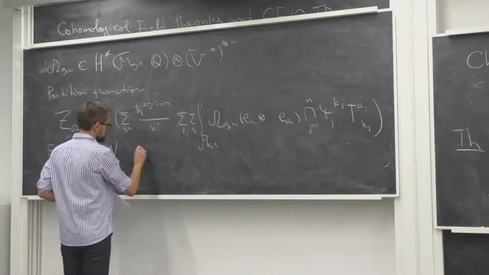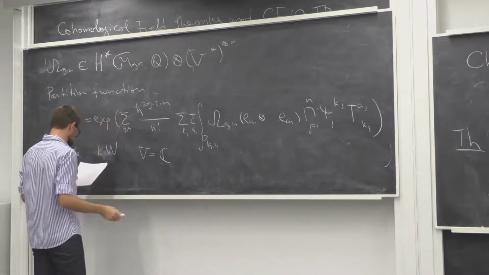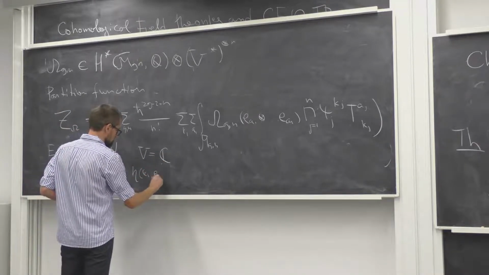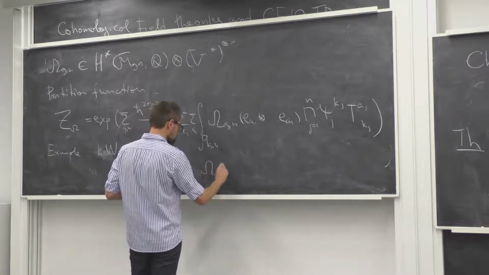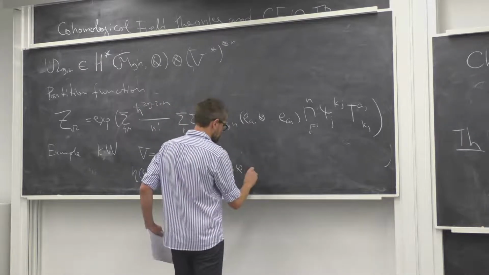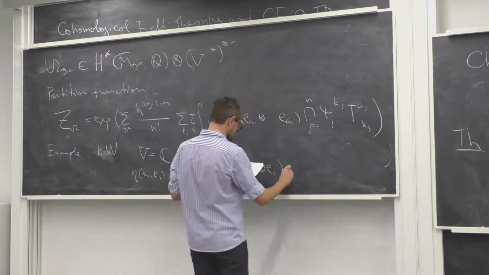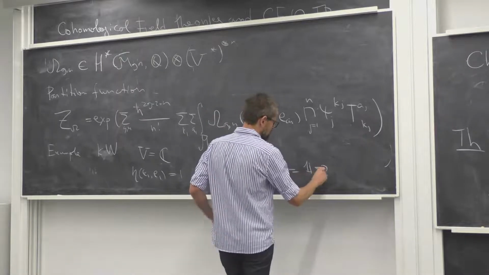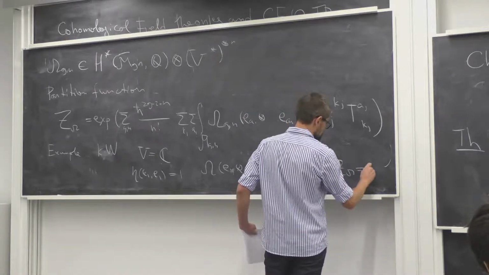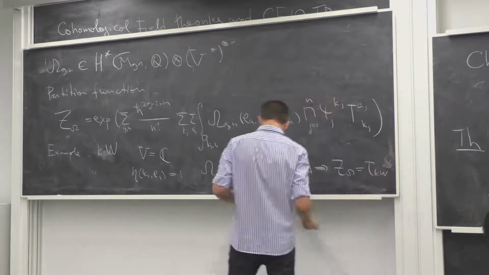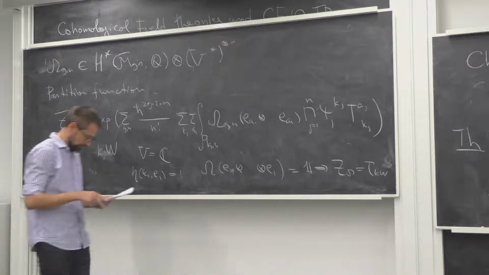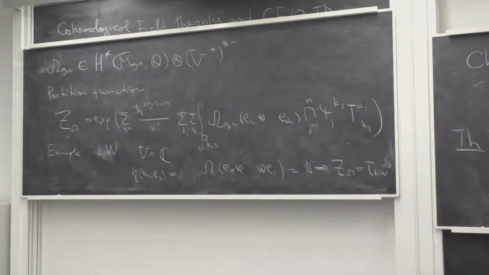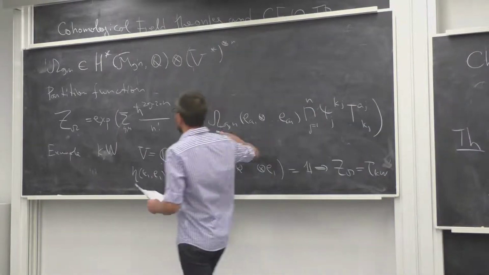In this case, V is just C, eta of e1, e1 is 1, and all omegas are concentrated in degree zero.